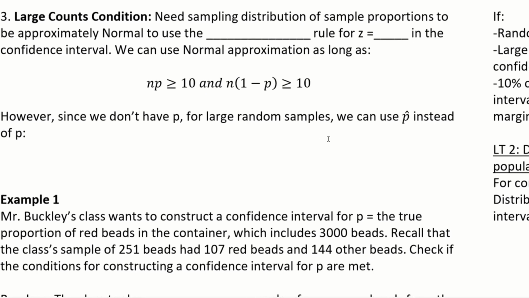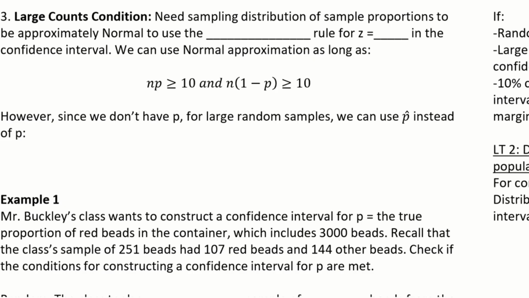So for number 3, we're looking at the large counts condition. We need to establish that the sampling distribution is approximately normal, and in order for that to happen, we need to have large enough successes and enough failures to satisfy that.